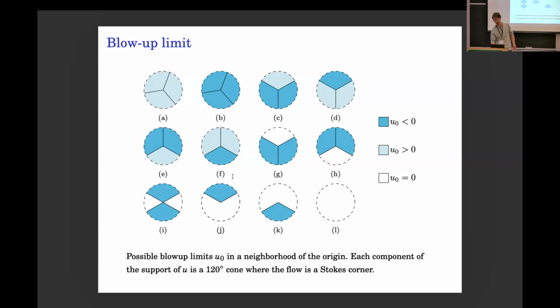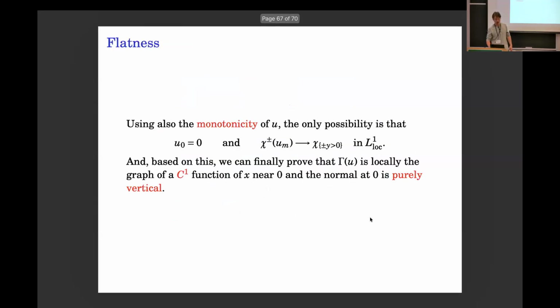That's what I want to point out. But for us, the additional help is monotonicity. I also mentioned that our profile is always monotone, so that immediately eliminates the 11, and you're left with this most trivial one. It's just nothing.